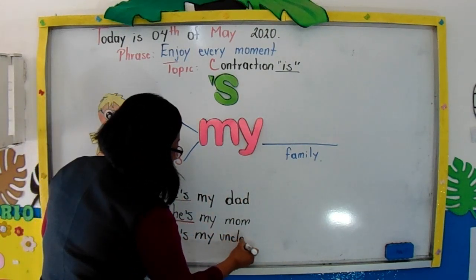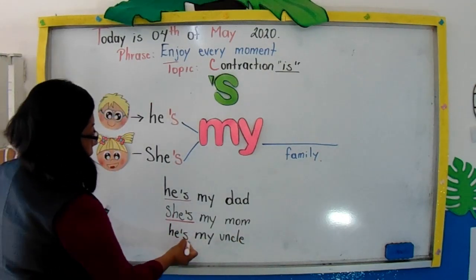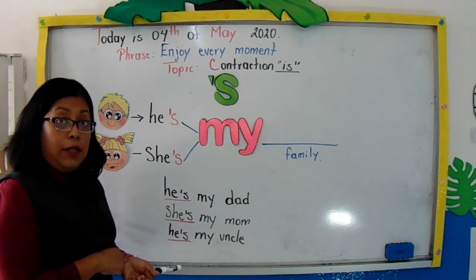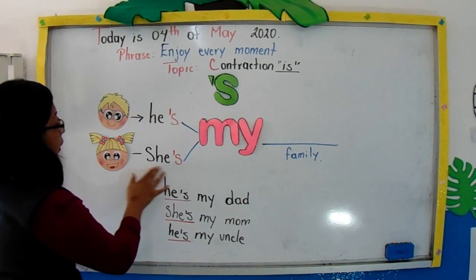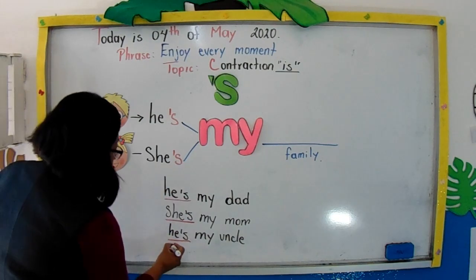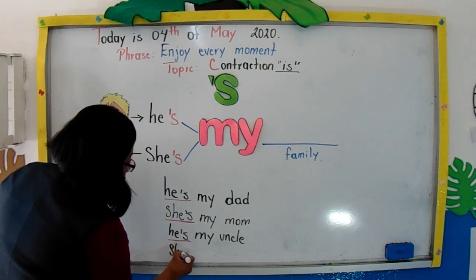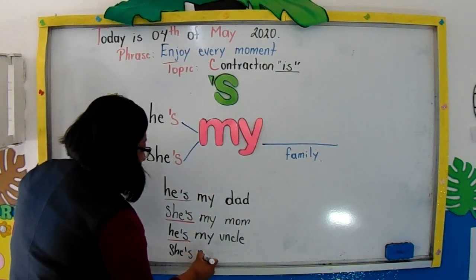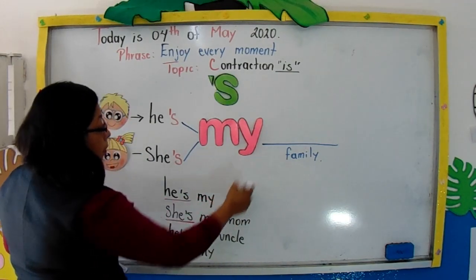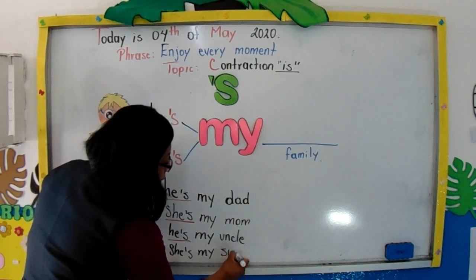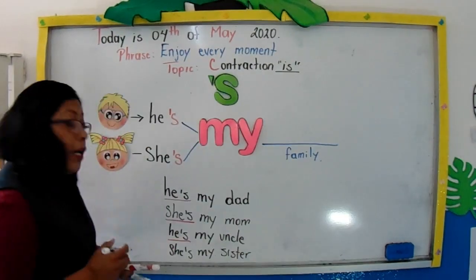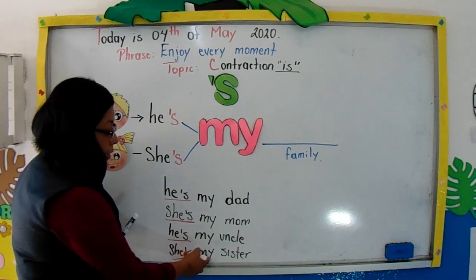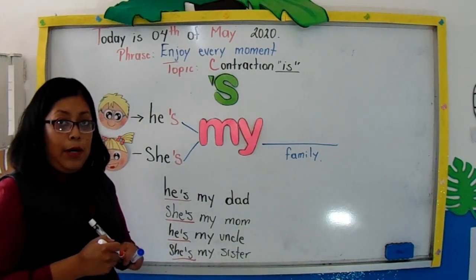Maybe we are going to use uncle. He's my uncle. Él es mi tío. And then when I have to start with she's, the last, in front of she's, we are going to use my and one member of my family, sister. She's my sister. And the meaning of it is ella es mi hermana, right?